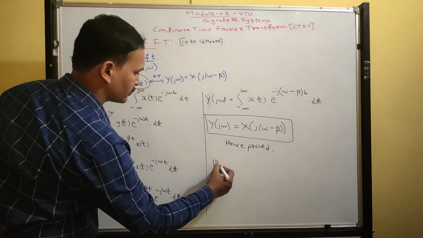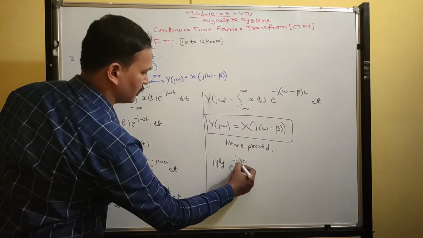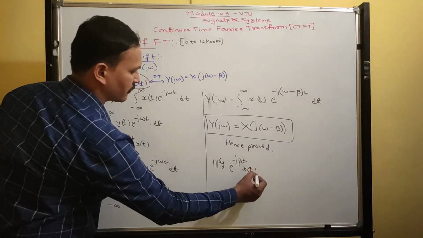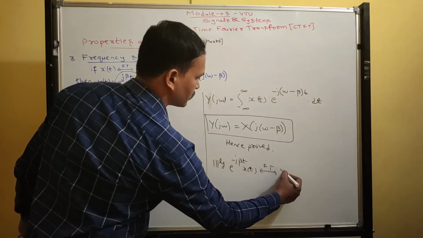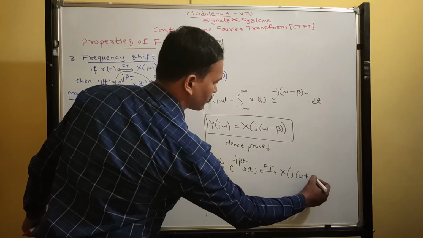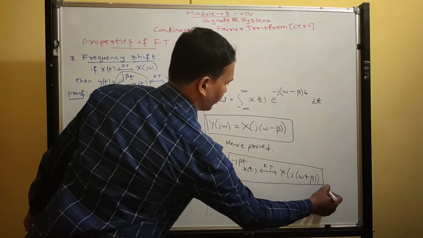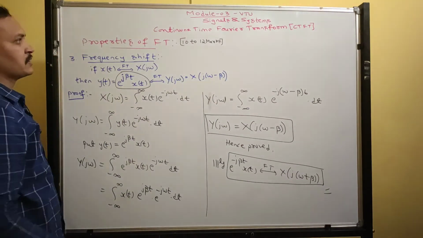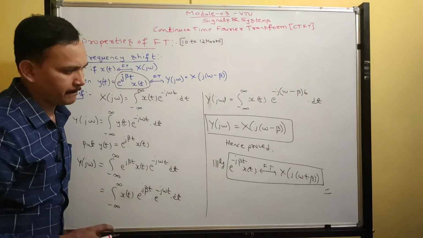Similarly, e to the power of minus j beta t into x of t has the Fourier transform X of j omega plus beta. So the frequency shift happens with opposite sign.